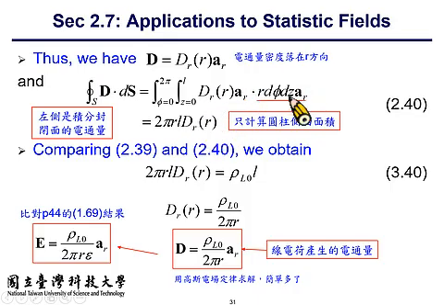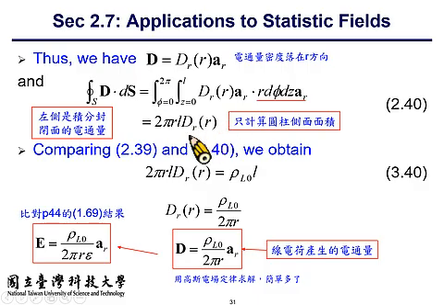Note that for the two integrals in the phi direction and z direction, the function to be integrated, that is D_r as a function of r, has no dependence on phi and z. So the integration can be performed relatively easily, because D_r involves no phi nor z dependence. So you can carry out the integration as 2 pi r L times D_r as a function of r.